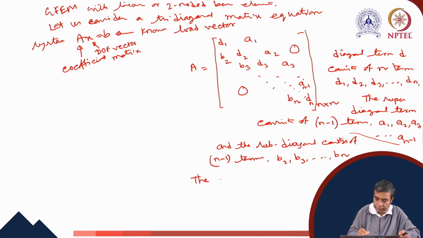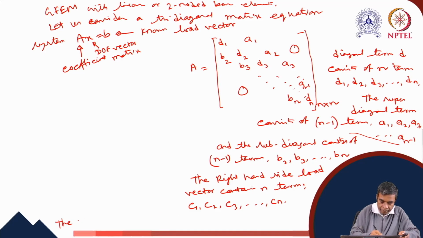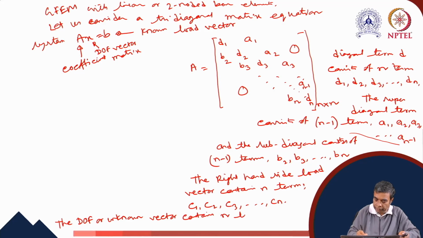The right hand side load vector contains n terms. These are C1, C2, C3 up to Cn. The degree of freedom or unknown vector contains n terms T1, T2 up to Tn.